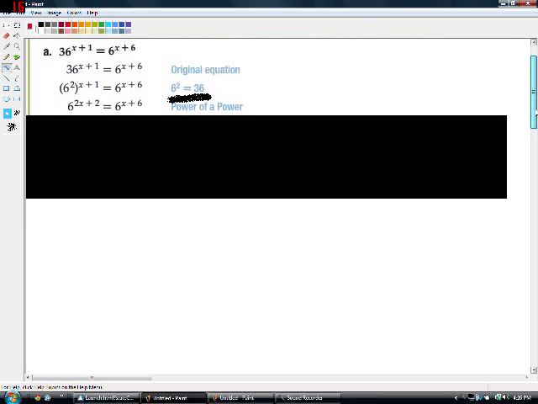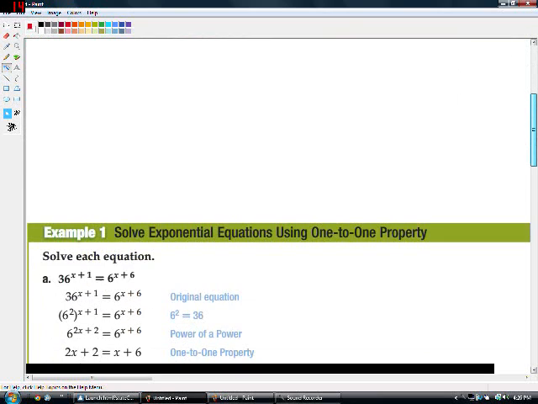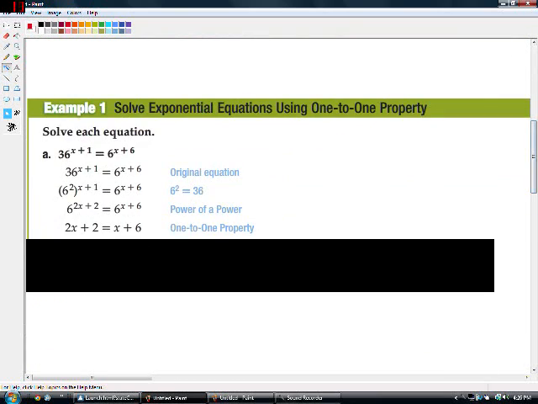Yes, that is correct, Steven. Good job. And now we can see here, because of the one-to-one property, since it is 6 to a power equals 6 to a power, you can cancel out the 6's and make those two powers equal each other.